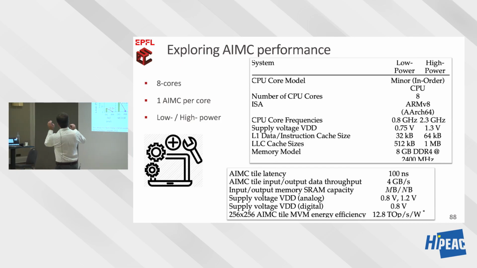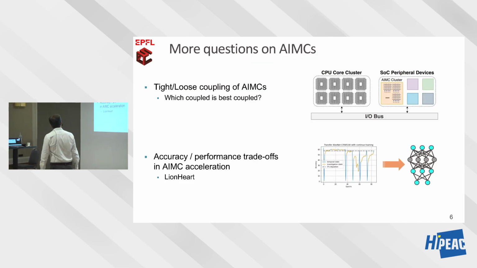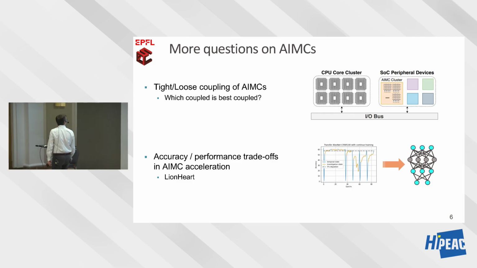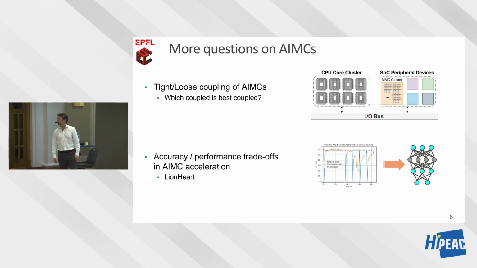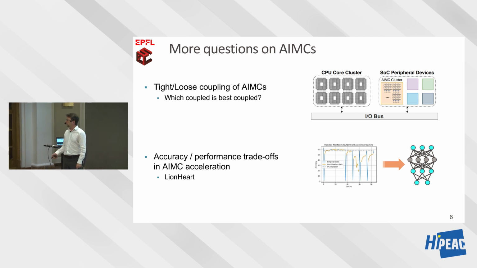Okay, everything is good. So let's move on, and let's ask ourselves more questions about analog in-memory computing. One question which we may ask is, we always interface stuff as custom functional units.